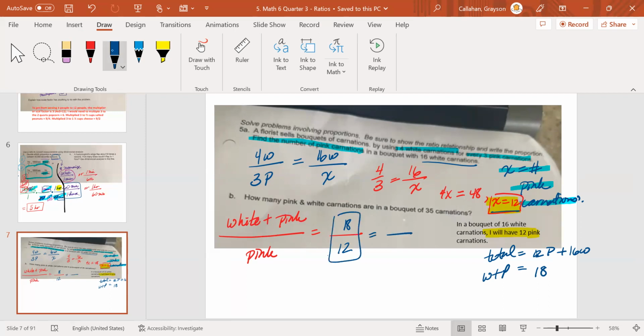Once you have this part right here, Grayson, you can answer the question because the question asks you for a total of 35 carnations. 35 carnations imply that it is white plus pink equals 35, right? What? Hold on a second. How many pink and white carnations are in a bouquet of 35 carnations?